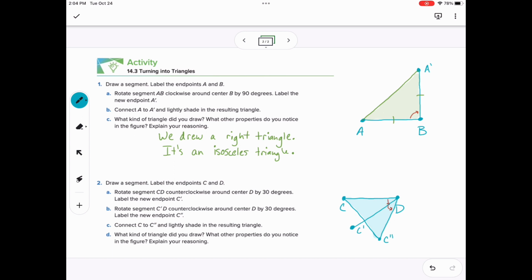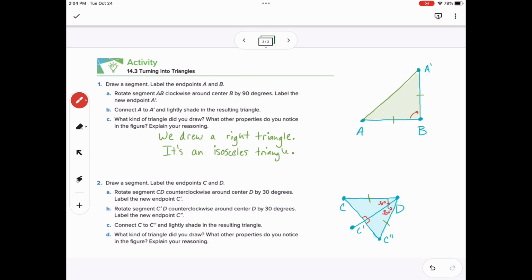Well, if CD are equal to each other and C prime D are also equal to each other, it's almost like an isosceles triangle, but there's some more going on here, because you have a right triangle. With C prime D, we made an angle bisector because those angles are equal.